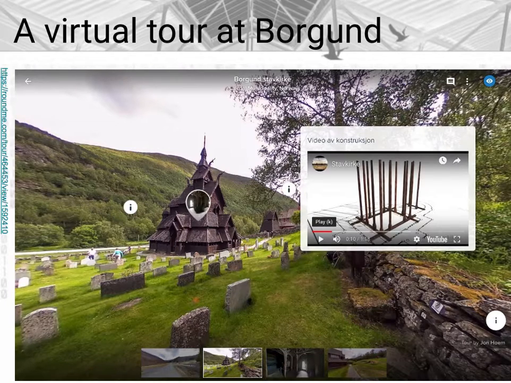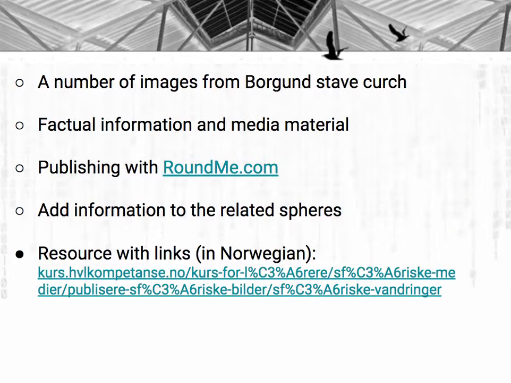So instead we could choose to make a virtual tour using 360 media. I've downloaded a number of images from Google Street View, added some information to the different spheres, and connected them using a service called Round Me.